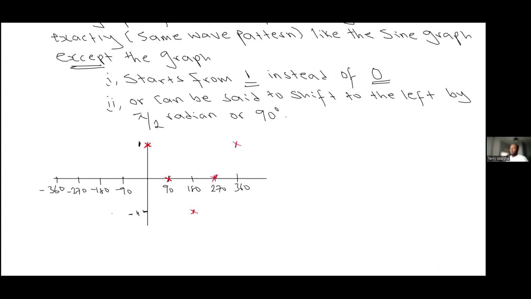You're going to have -90, -180, -270, and you have what? -360. Okay. So the same thing, you now join these points, you now see the sinusoidal graph like this, like that, and all the way to the end. Okay. So this is when it's in degrees.